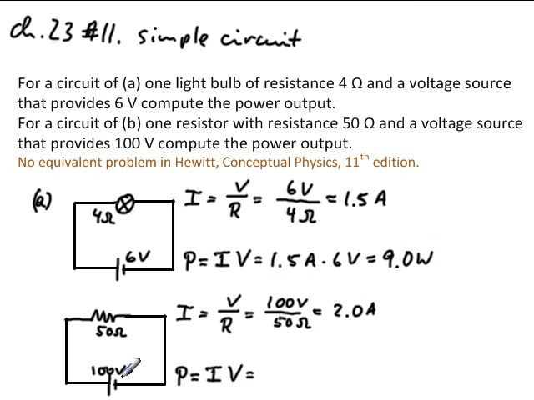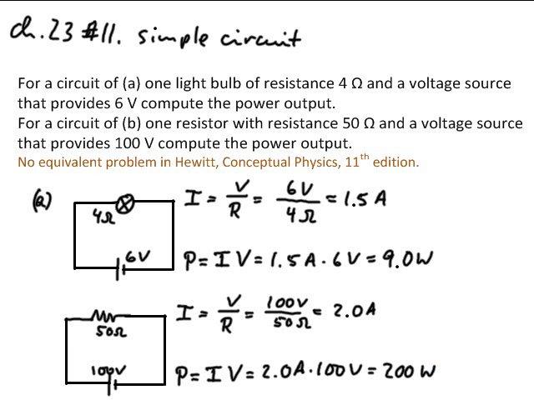Okay, and then so I have 2.0 amps here, and I multiply that with 100 volts, and that equals 200 amps. Oops, 200 watts. There are a couple of follow-up problems that will be more complicated.